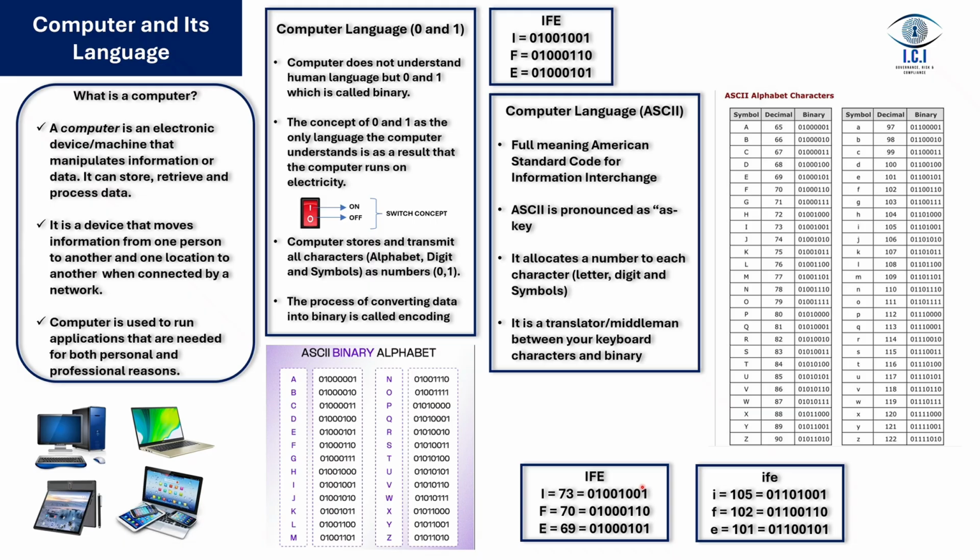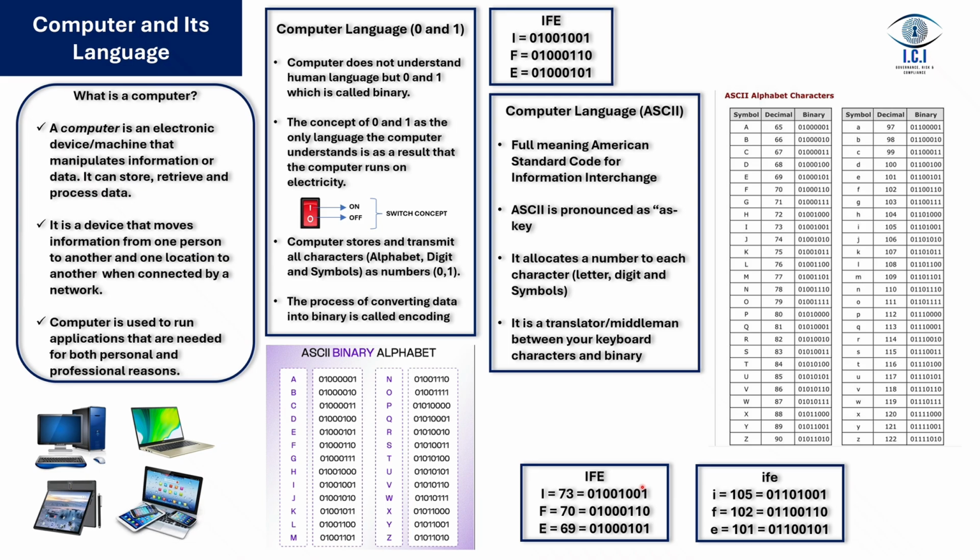So my assignment here is that you go and write your name out and convert your name to computer language. Please do that, and I would like to see your answer in the comment section.